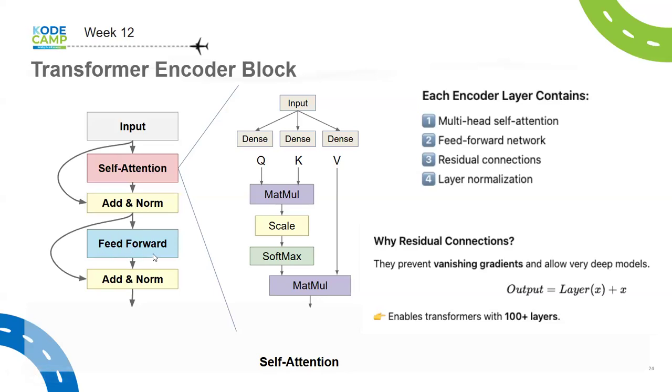And then the feed-forward network will extract the knowledge representation. From this feed-forward network, you still have another addition and normalization. So you still take the output from this and add to what the feed-forward comes up with. And that addition, you still do another layer normalization.